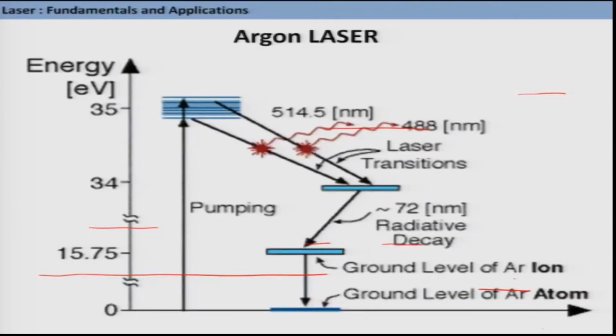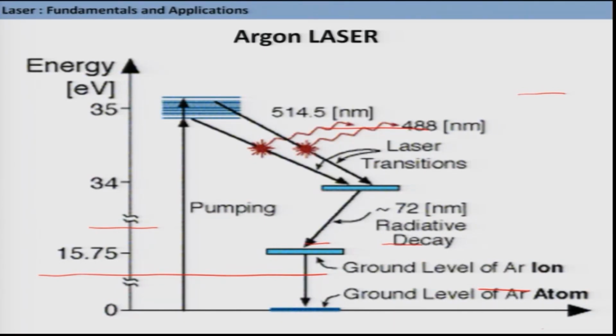So here is the energy level diagram. So you know how it is done. You first ionize the argon system, and then you play with the energy levels of the argon ion system, and the argon ion system has a ground state here. Okay, and you have a population inversion created here essentially.